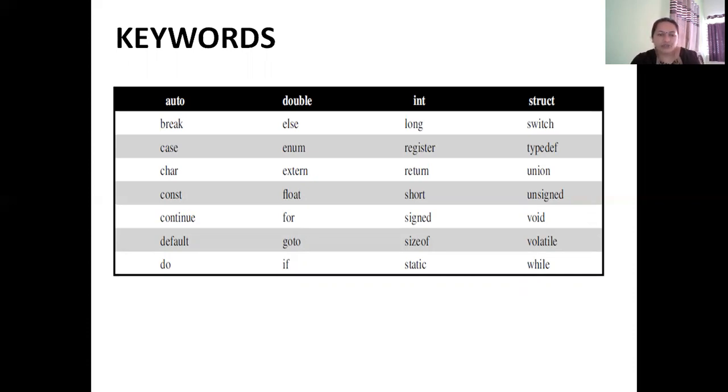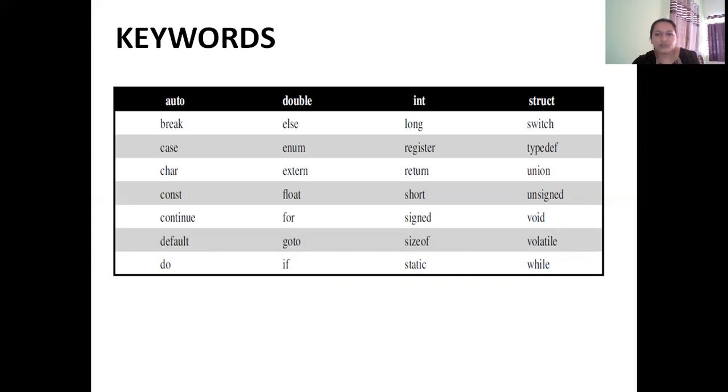Once we write few C programs, we shall be using all these keywords so that you can easily understand why these particular keywords are used. So to name some of the keywords: int, char, float, double, then for, while, do, if, else, then, so on.